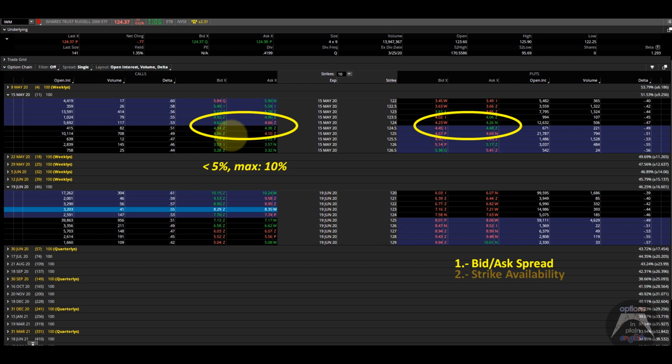Now moving on, the second one is strike availability.